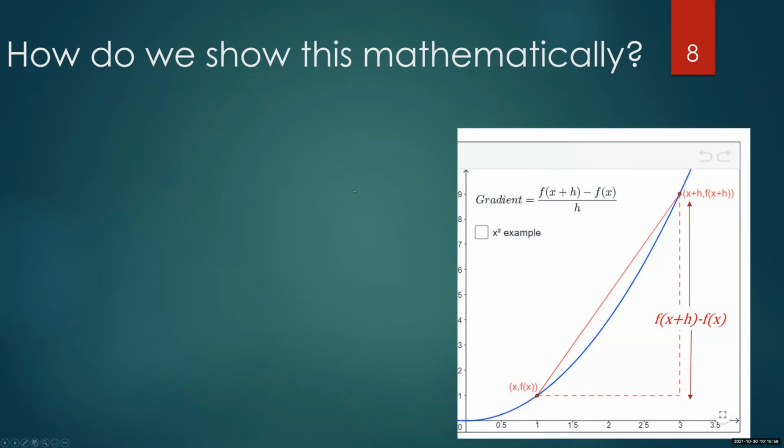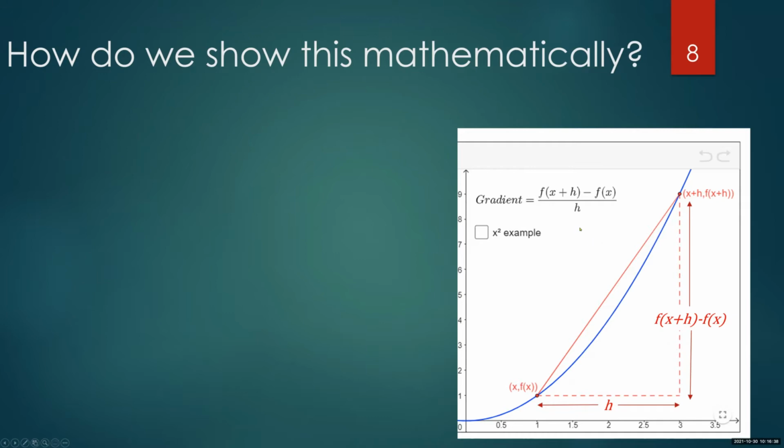So we start off with our triangle like we've just seen in the animation. At this point you have x and f of x, and up at this point here you have some value x plus h and f of x plus h. And so the length of the base of the triangle is h, and the length of the vertical side of the triangle is f of x plus h minus f of x.